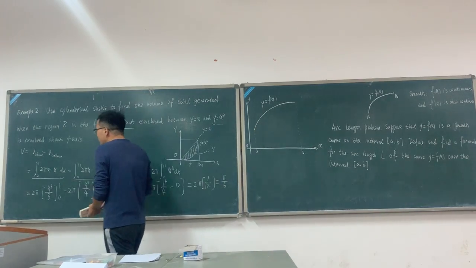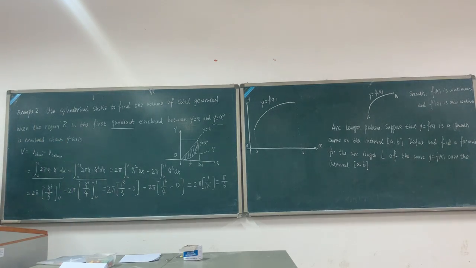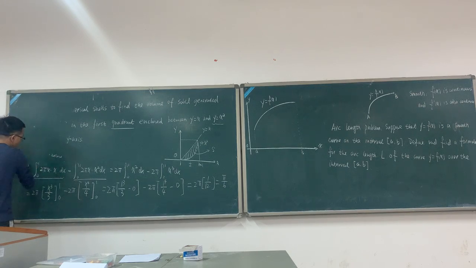So actually it's the same. We have three steps. Step one is the same: partition. The second is summation, and the third is taking the limit.